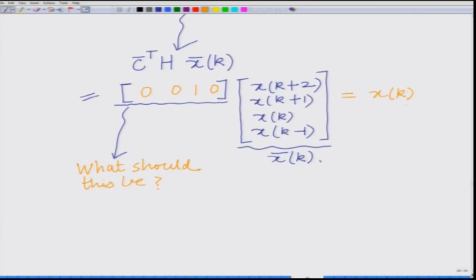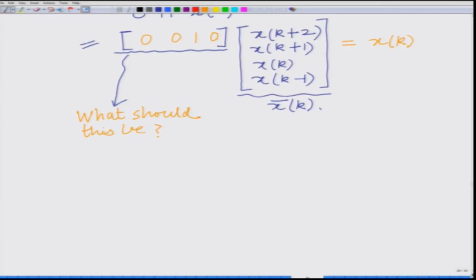So, we desire, and this is an important note. It is important to understand this point.